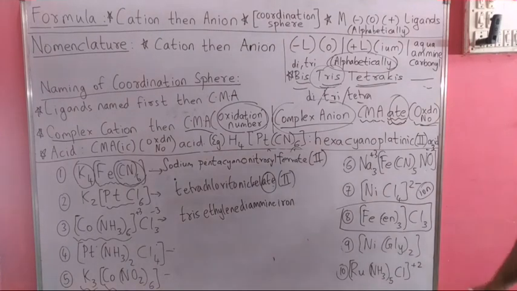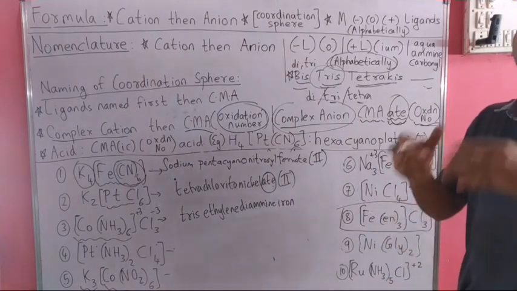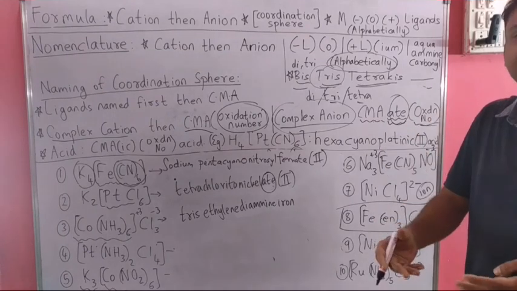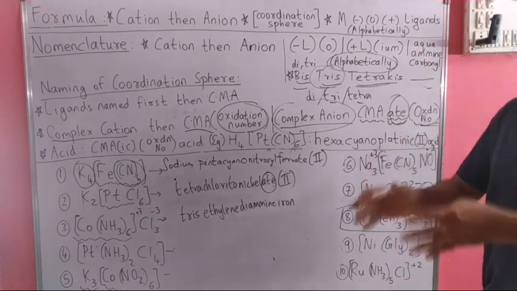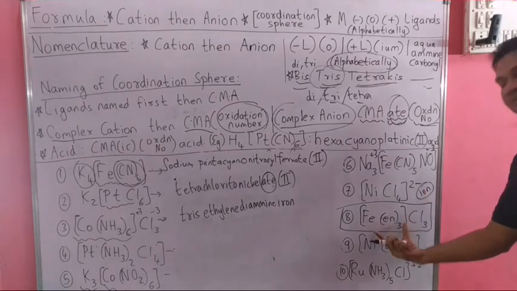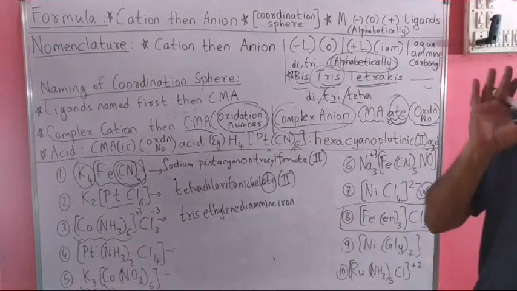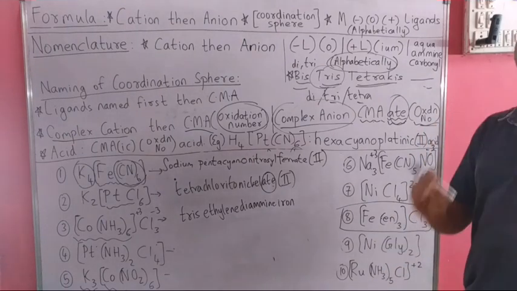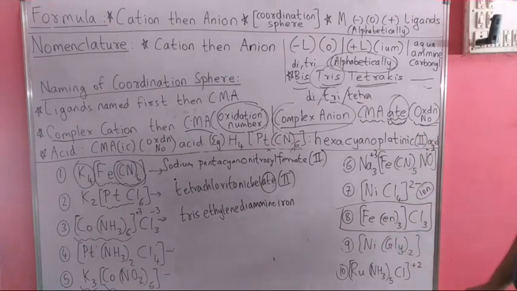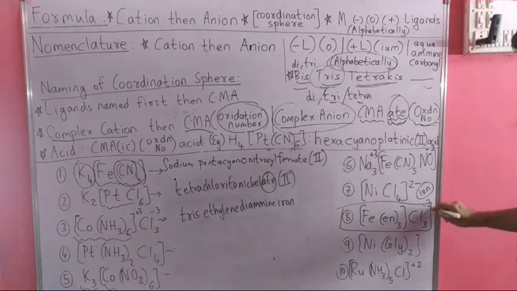So will I write ferrate now? No. Ferrate I will write when the central metal atom is in a complex anion. In this case, iron is in a complex cation. So we will not write the suffix ate. We will just write the oxidation number of this iron. So what will be the oxidation number of iron in this case?